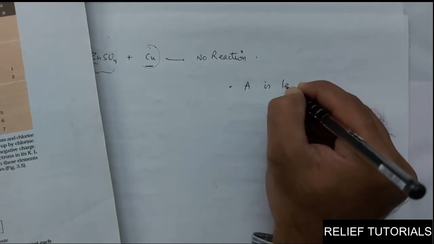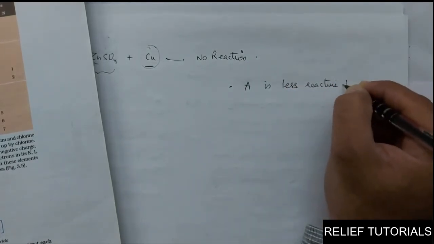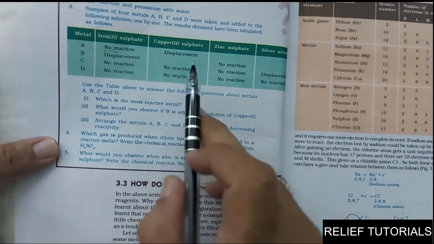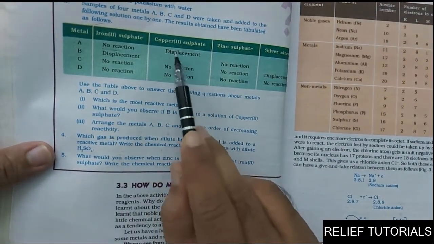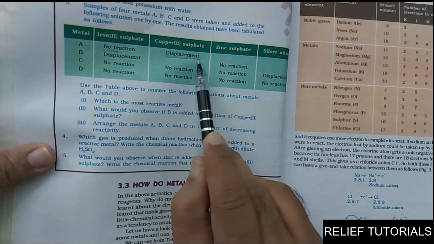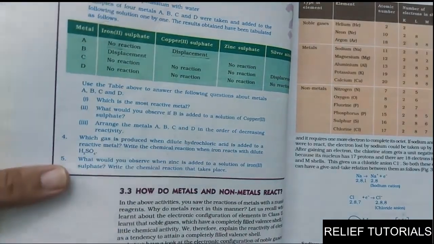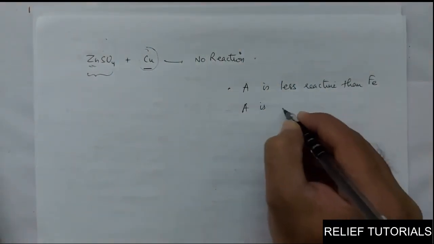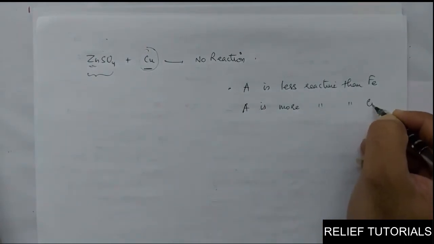A is less reactive than iron. Then A is added to copper sulfate, and here it is given that the displacement occurs. So A is displacing copper, which means A is more reactive than copper. A is more reactive than copper.